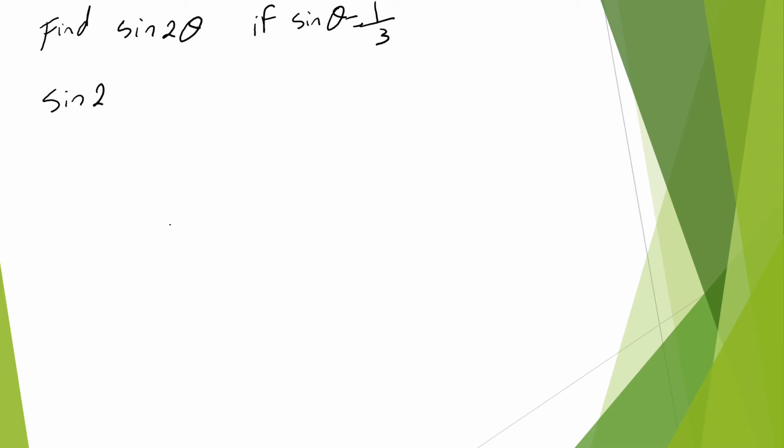Okay, I'm going to start with a simple number question. Substituting, similar to the one that we did for the tan in the previous video. So for example, if I say find sine 2 theta if sine theta equals 1 over 3. Obviously you will have to use the identity for sine 2 theta.